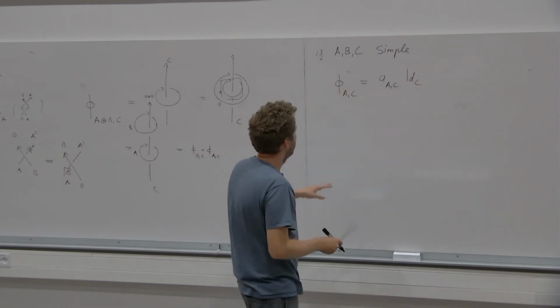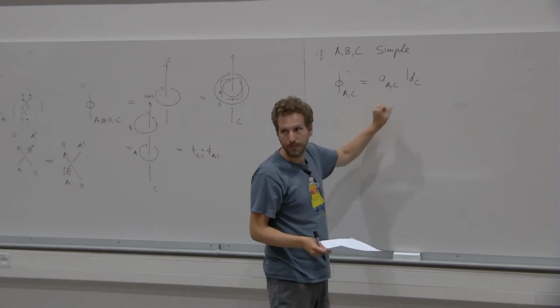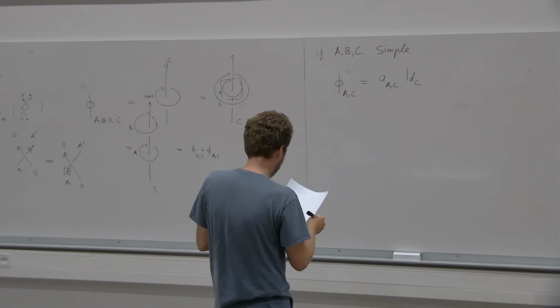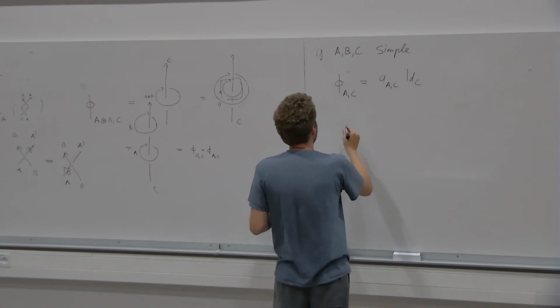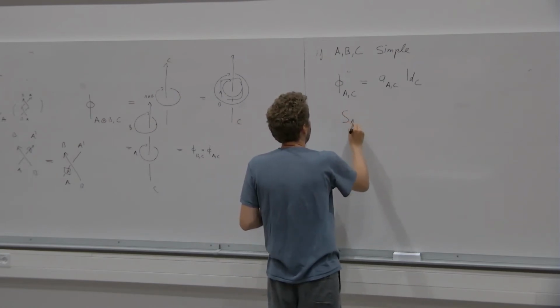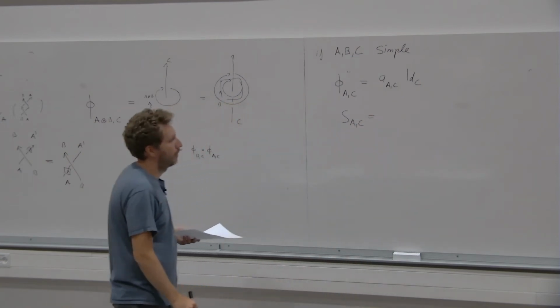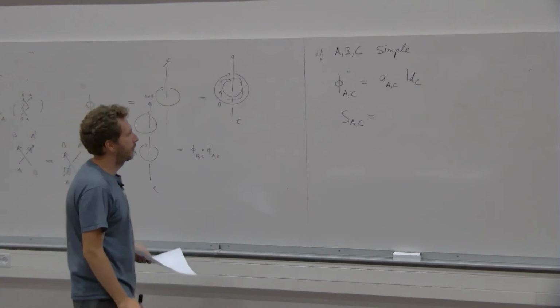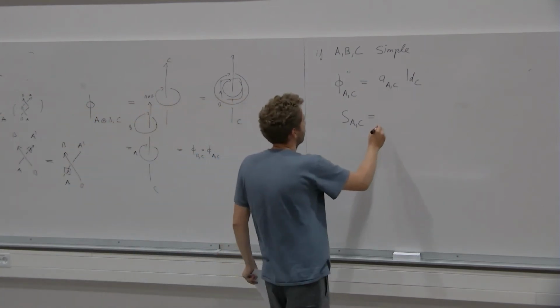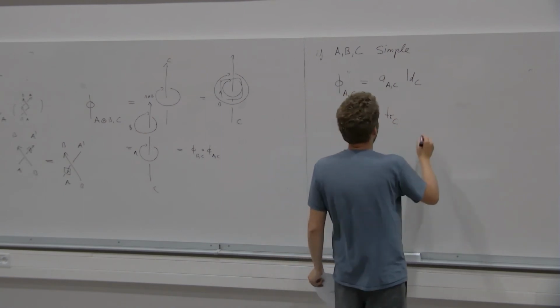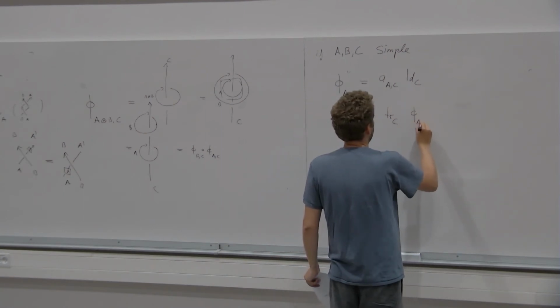So now let's compute this number. Let's see, what do we know? And by computing, I mean I want to relate it to the closed Hopf link. But what is the closed Hopf link? This is the trace over C of the open Hopf link.